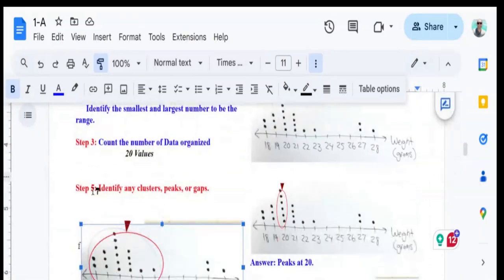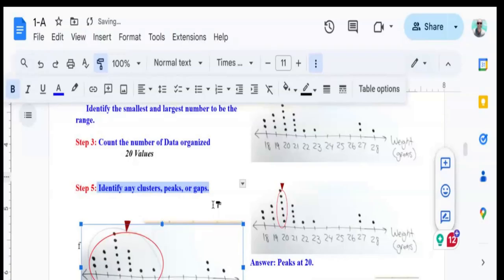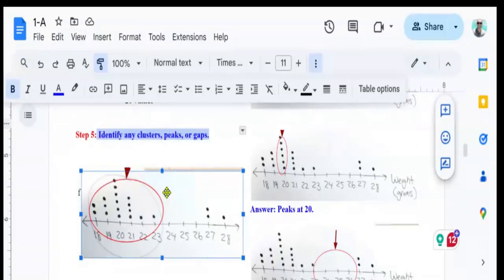Okay, and this is how you graph it. Next, we need to identify any cluster, peaks or gaps. Now, where is the cluster? Cluster is where the data is concentrated, right? So here it's between what and what? 18 to 23.